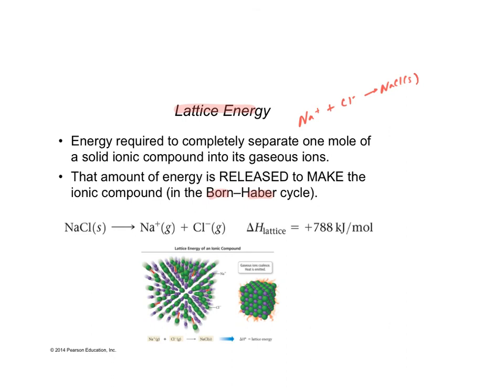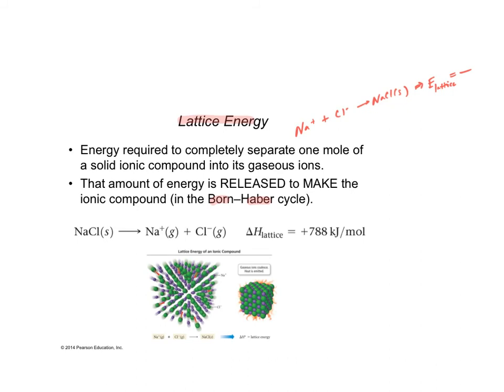This process, in general, overall, this lattice energy is going to be very exothermic. It's going to have a very large and negative enthalpy, if you will. Again, lattice energy is the energy that is released when these ions come together to form their ionic compound. We actually utilize this in the reverse, though.